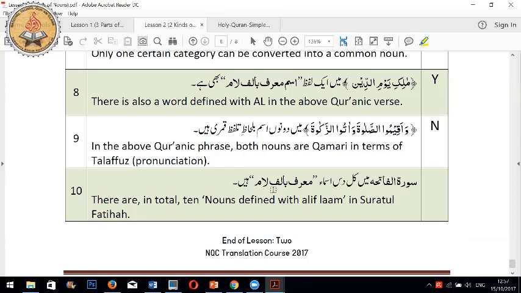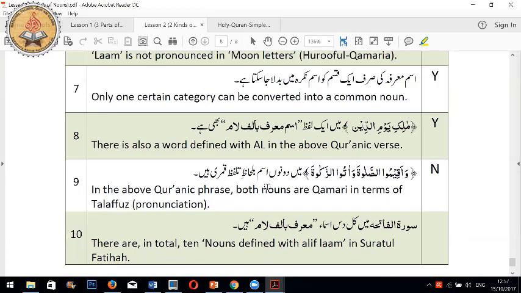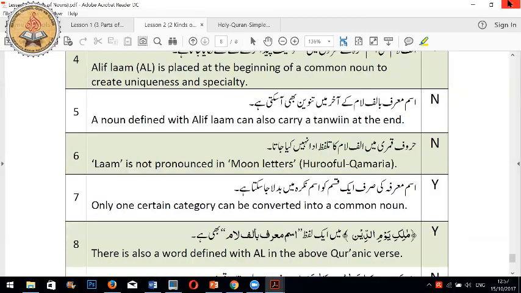So with this, I conclude this session now, because lesson 2 is finished. End of lesson 2, NQC Translation Course 2017. Remember, it is beneficial to listen to the recording again and again, a couple of times, especially the parts you could not understand, or if you have any difficulty or confusion.